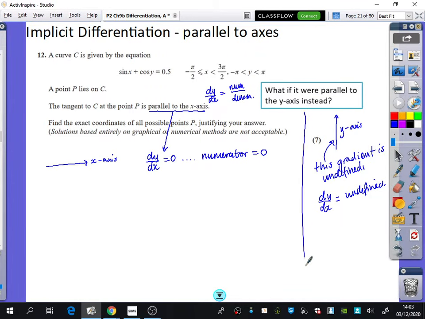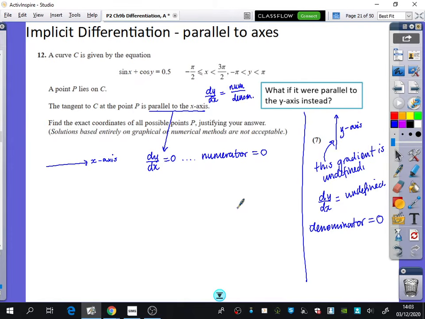For this particular version, we would make the denominator equal 0. But for this question, because they want it parallel to the x-axis, we're going to deal with the numerator. If they wanted it to be a tangent parallel to the y-axis, then we would be making the denominator equal to 0 instead, because you'd get an undefined gradient, and we know undefined gradients mean vertical lines, okay?